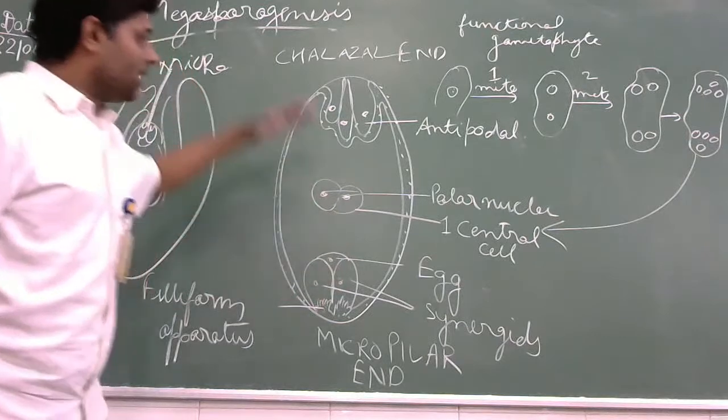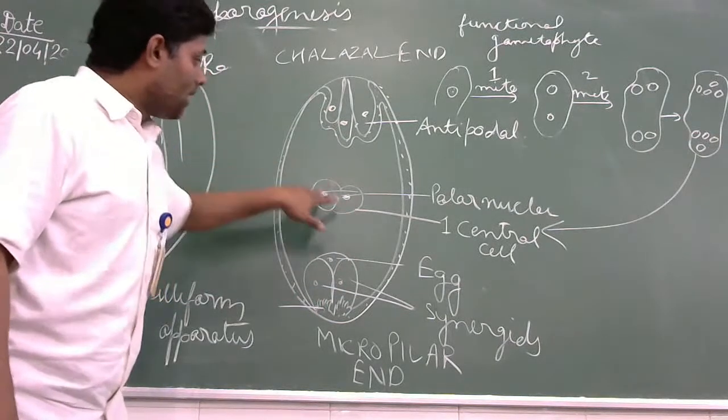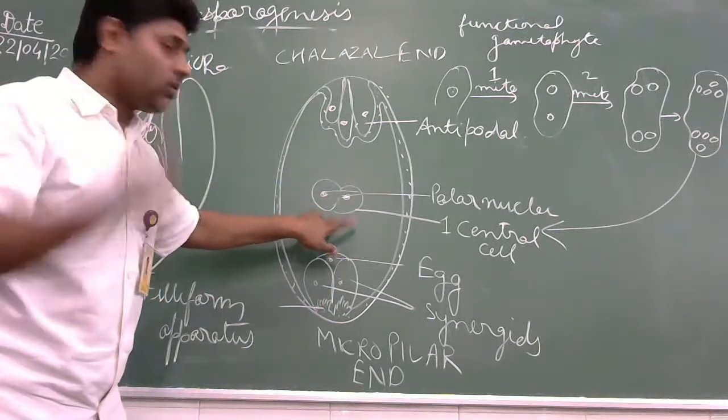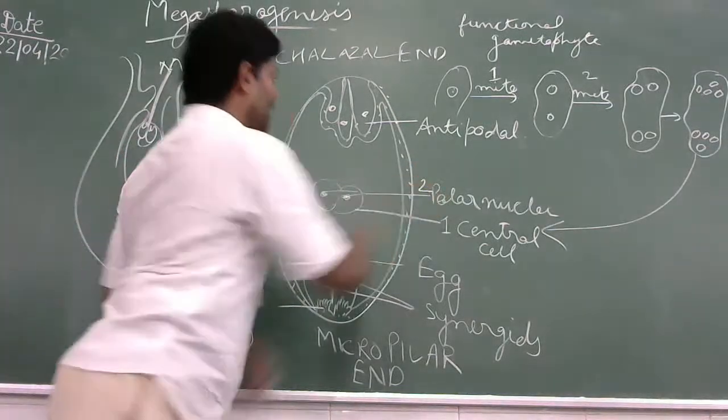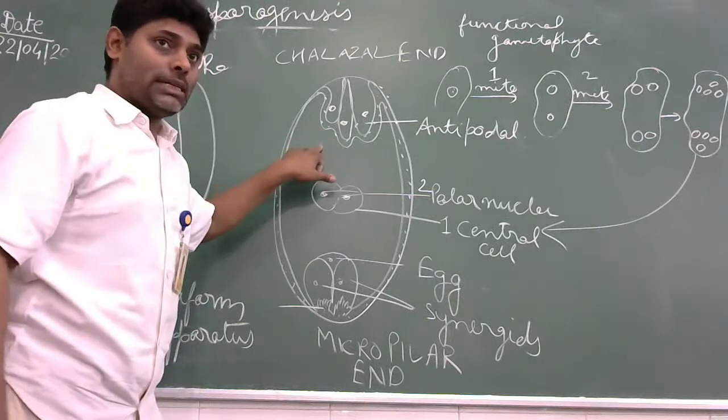These are the synergid cells. This is the central cell. This central cell has two nuclei, the two polar nuclei, and here are the antipodal cells.